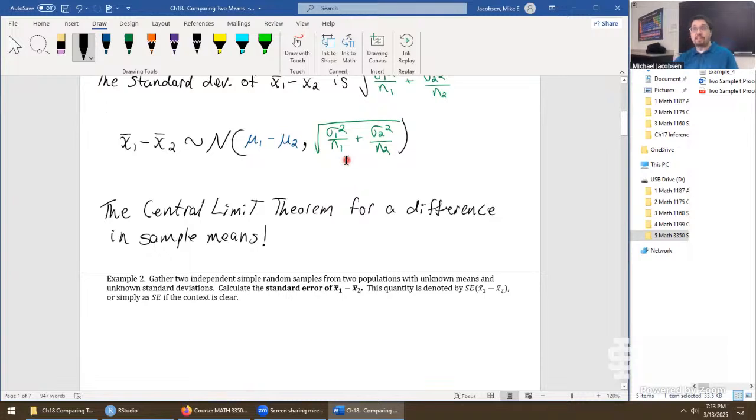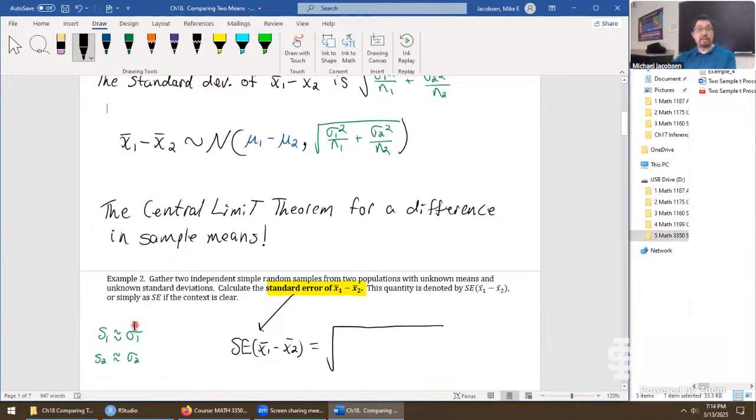The t distribution is going to allow us to say, if we use the estimate, S1 is approximately equal to sigma 1, S2 approximately equal to sigma 2. That's two big estimates, but the t distribution captures the error in making those estimates. So now we can say, for the standard error of the difference in sample means, we'll indicate this by saying SE, x bar 1 minus x bar 2, or just reading it out, is equal to the square root of S1 squared over N1 plus S2 squared over N2.